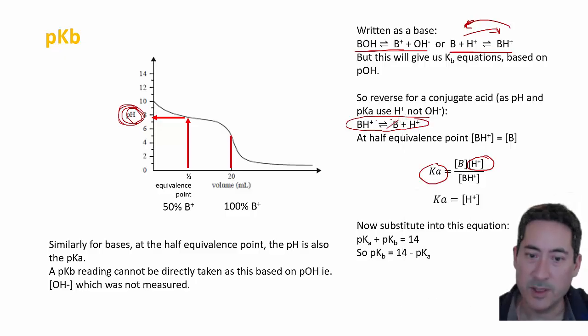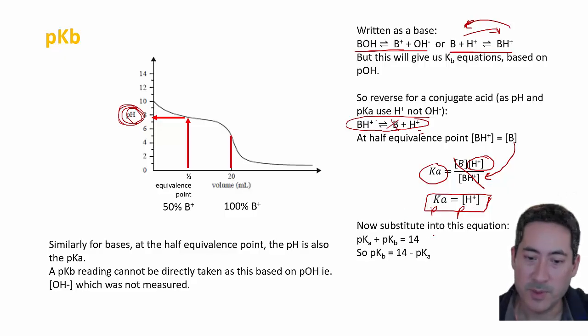And so you'll have all of this, and halfway along the line, you've got equal amounts of all of these things. So you can sub that in here, and these will cross out. And so you'll have the Ka again equal. That's proving the equation again. So taking the negative logs of these things, you'll get pK equals pH.